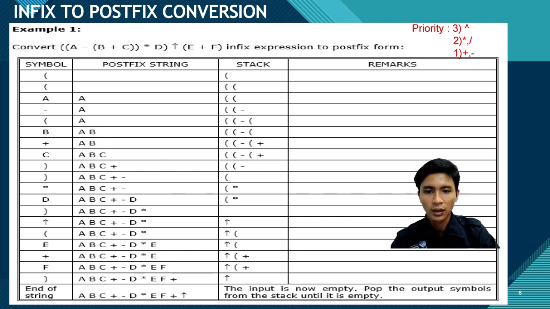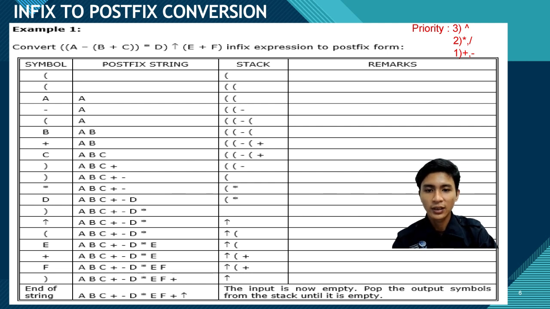The subtract we put in the stack, and then we see the open bracket and put it in the stack also, and we take b and put it to the postfix.